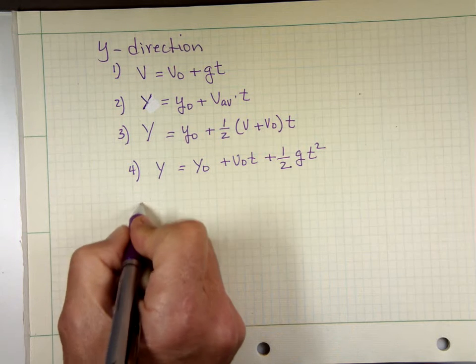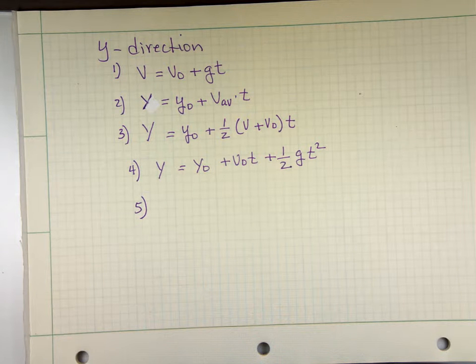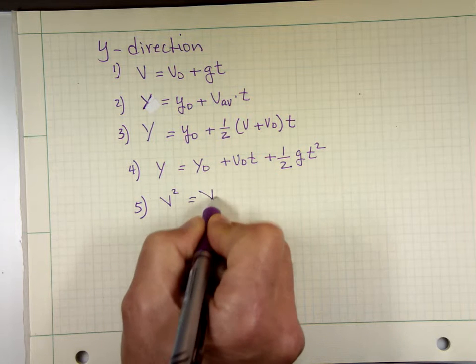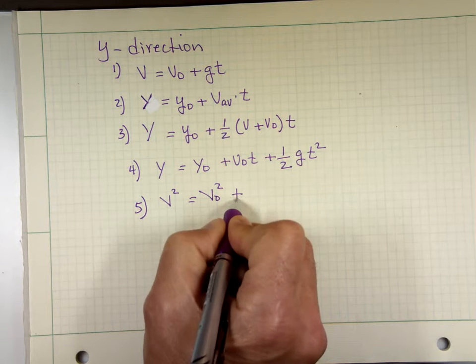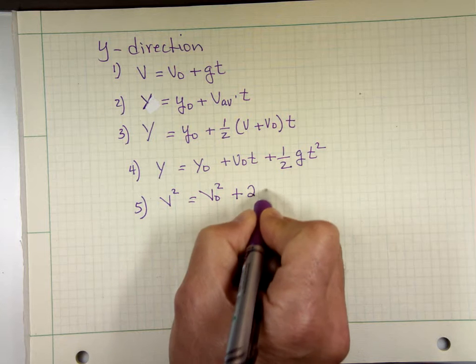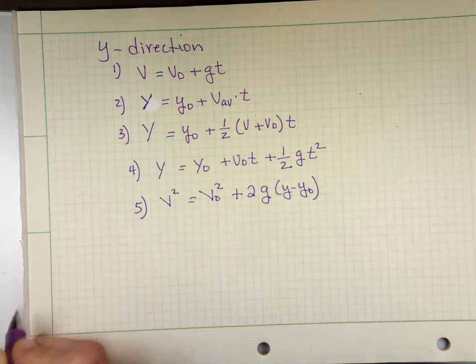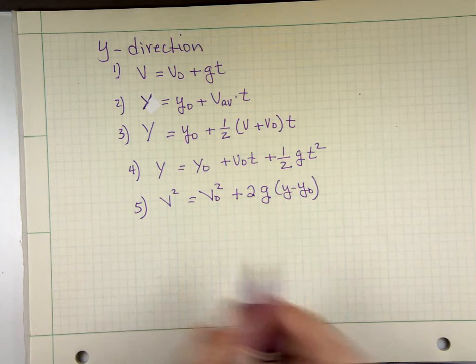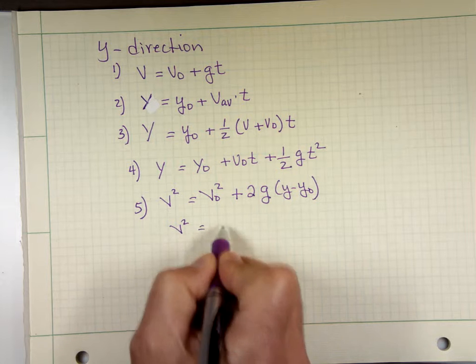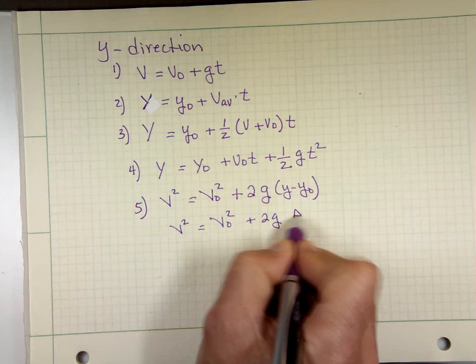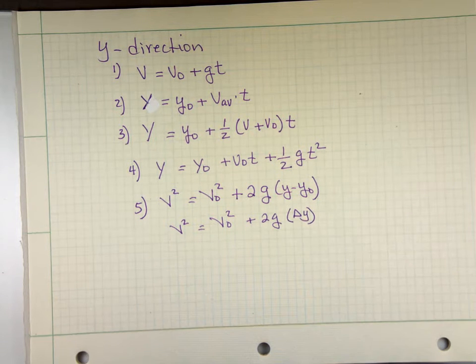And what was equation number 5? v final squared equals what? v initial squared plus 2 times the acceleration, which is what? g times y minus y sub 0. If you don't like to write y minus y sub 0, you can make that delta y. So all 5 equations are still good and valid in the y direction.